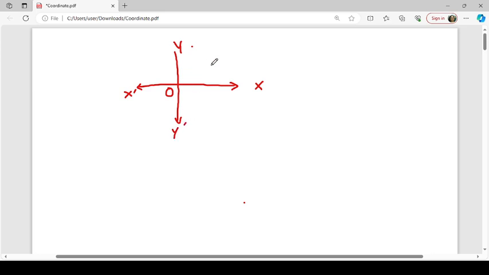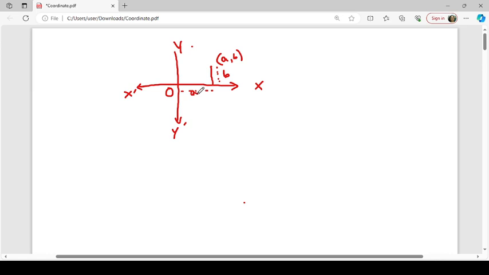So any point here, if it is (a, b), this means from this we draw perpendiculars here, then this distance is a, and this distance is b.